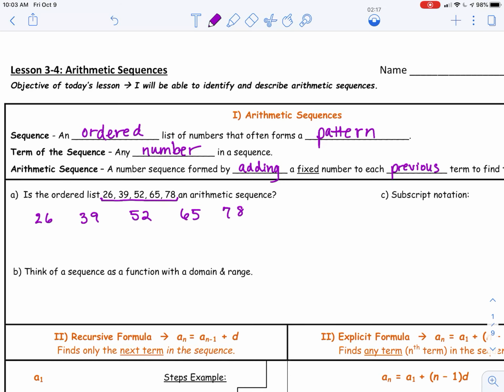The question is, is this ordered list an arithmetic sequence? Well, let's see what the difference is in between each one of these numbers. 39 minus 26. If you do that in your calculator or in your head, you'll figure out that the difference is 13. From 39 to 52, the difference is 13. 52 to 65, the difference is 13. And 65 to 78, the difference is also 13.